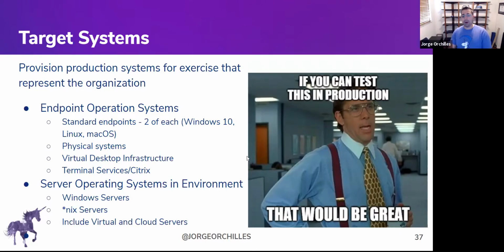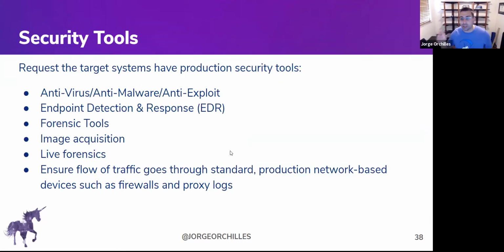So grab some operating systems, right? Get the builds that you use in your organization, whether it's endpoints, laptops, physical systems, VDI, cloud, whatever it is. Grab some systems, make sure that they're in production. Make sure that all the security tools are deployed on there, right? A few times we've been doing an exercise and they're like, oh, we forgot to deploy FTK on that, or we forgot to deploy EnCase on that.